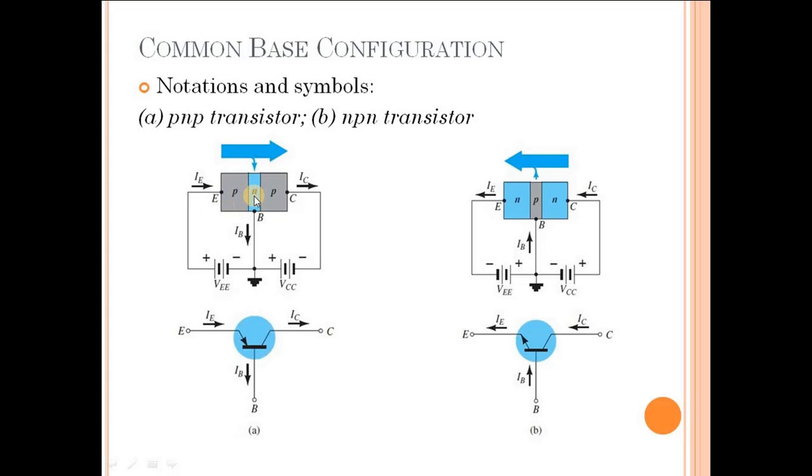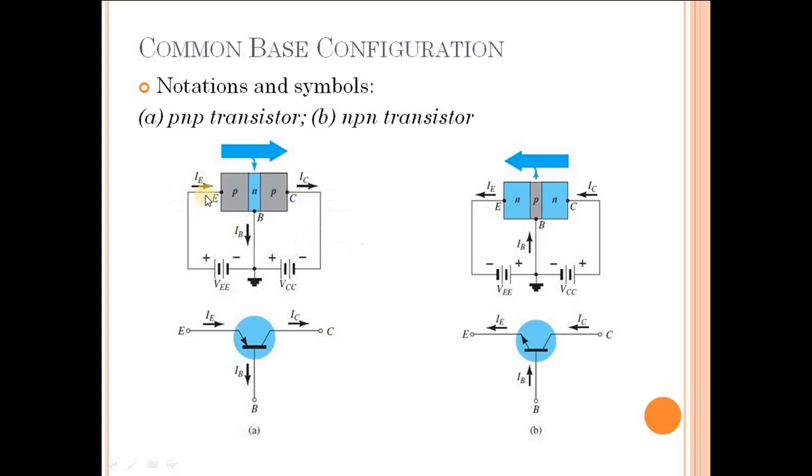So here we have a PNP BJT, and the base terminal, you can see, this is the input side and this is the output side, and the base is common between the input and the output side.